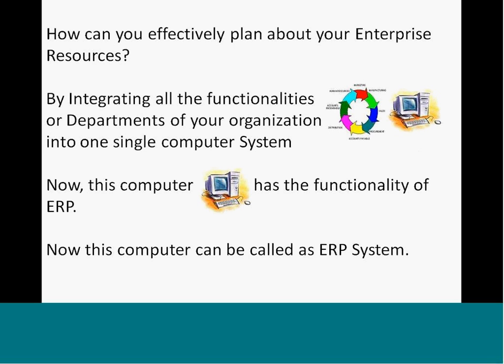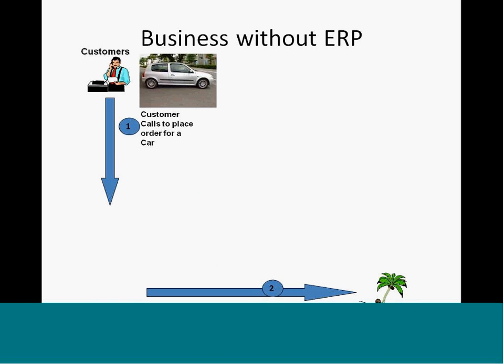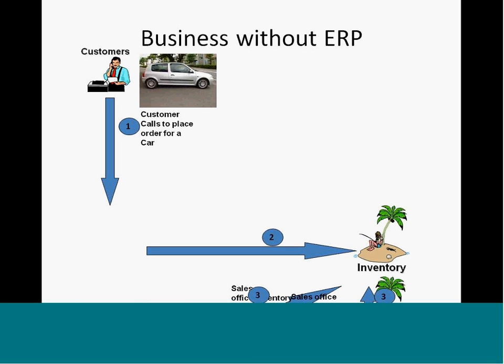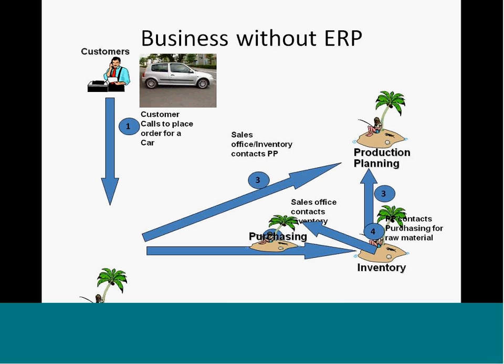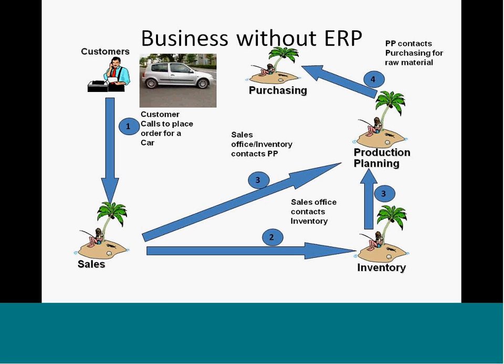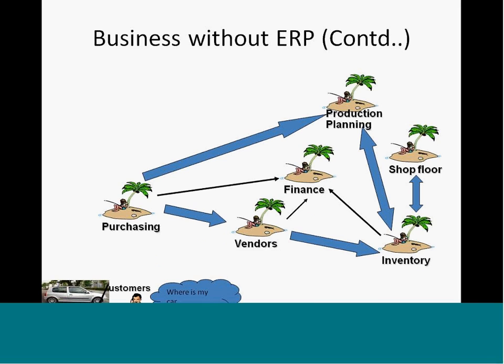Now let's see the screen. What would be the situation or the consequences without ERP? Here the customer orders something from the company, and in the absence of ERP there is no proper channel to track the order.